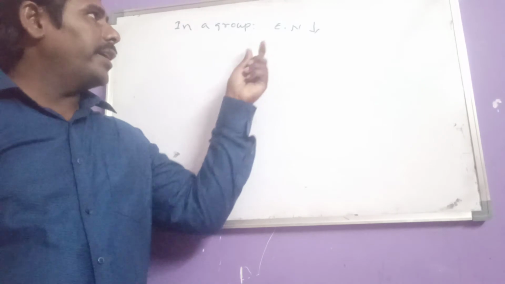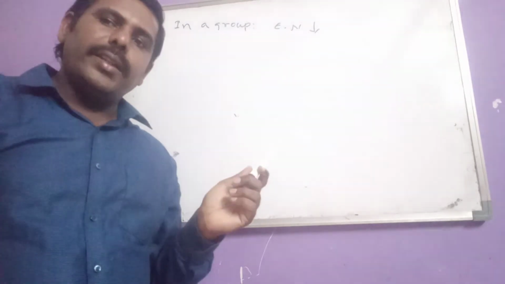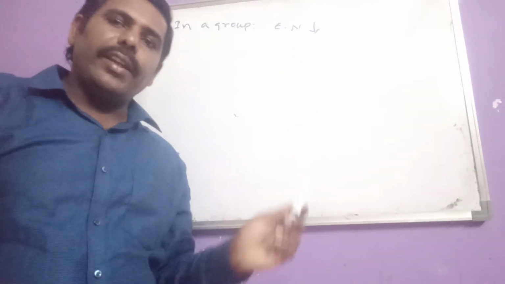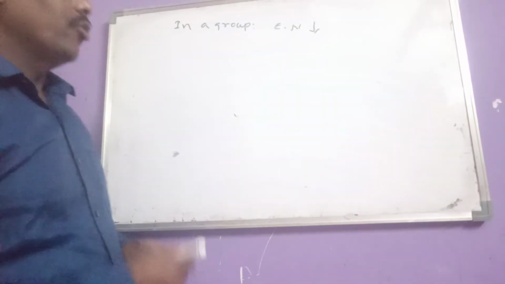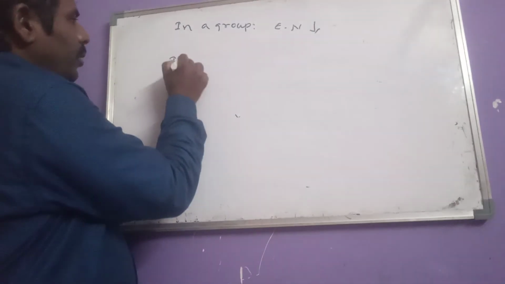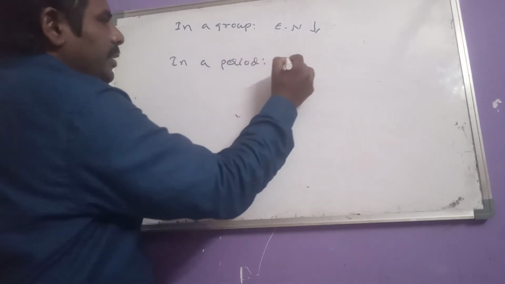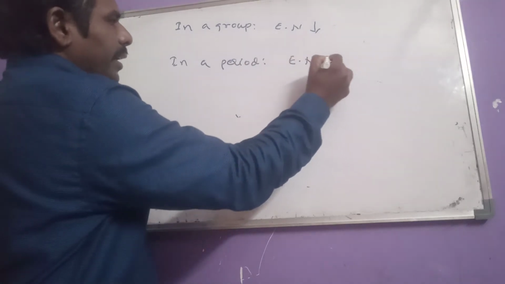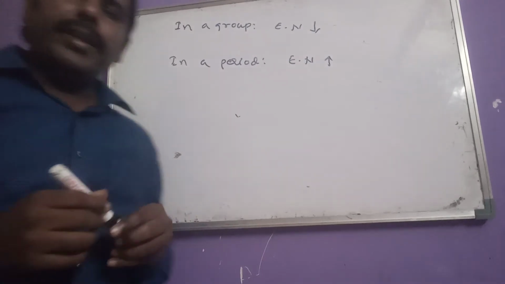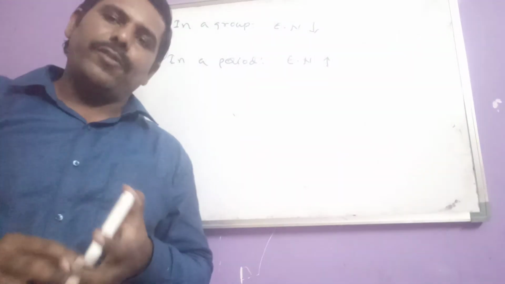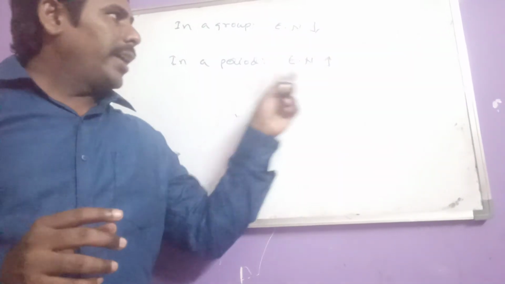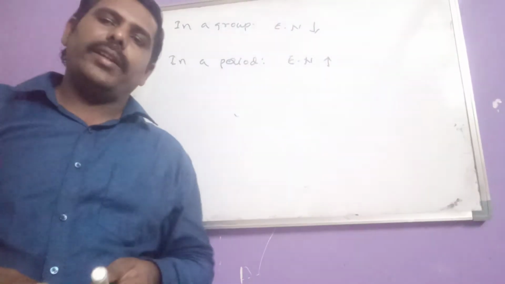So like that here, as atomic size increases, electronegativity decreases in a group. And if you come to a period, we know that in a period from left to right, atomic size decreases. So as atomic size decreases from left to right in a period, electronegativity value increases.